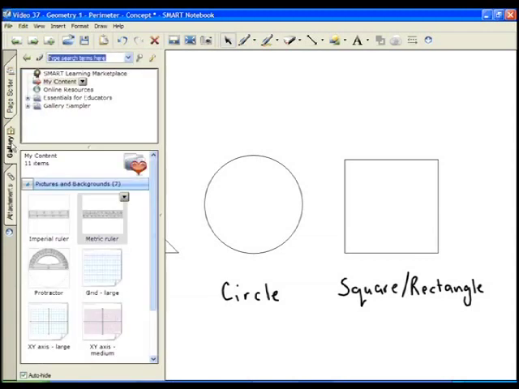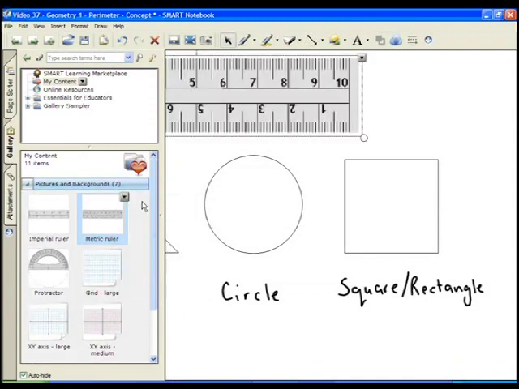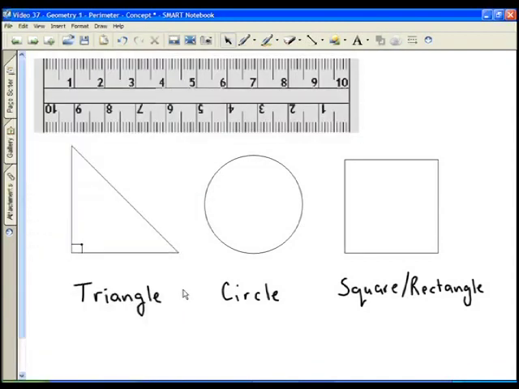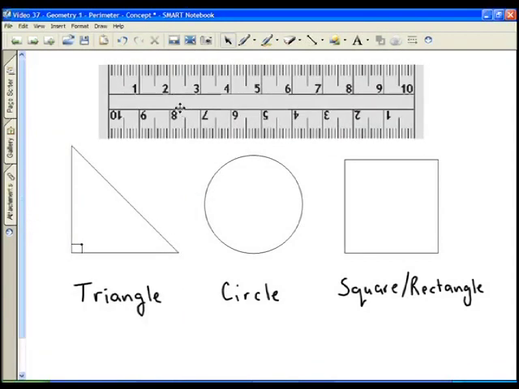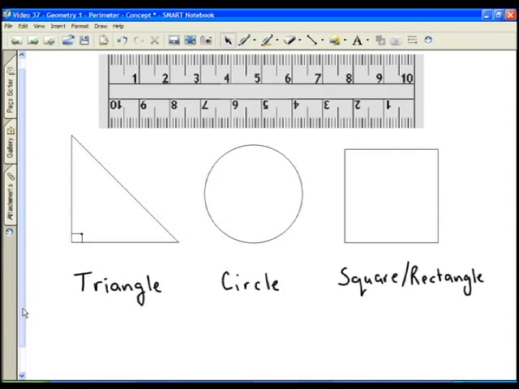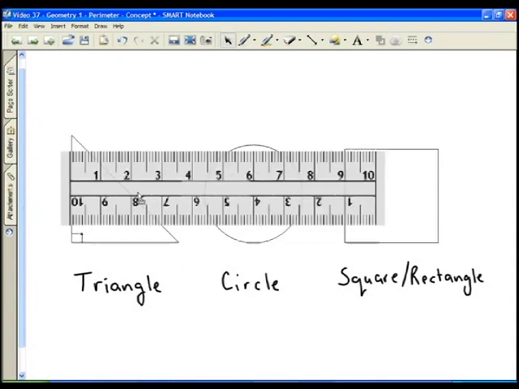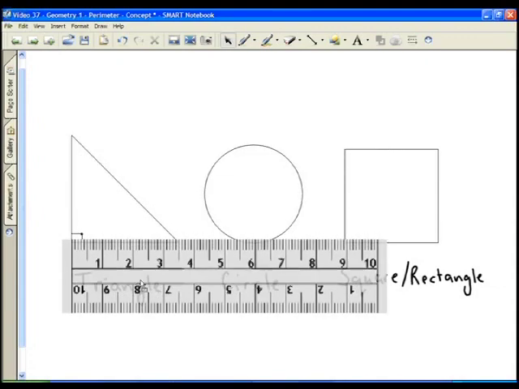And I'm going to get my ruler here, and you see here I have a metric ruler, and so what we're going to do is actually go ahead and measure the sides of this triangle.